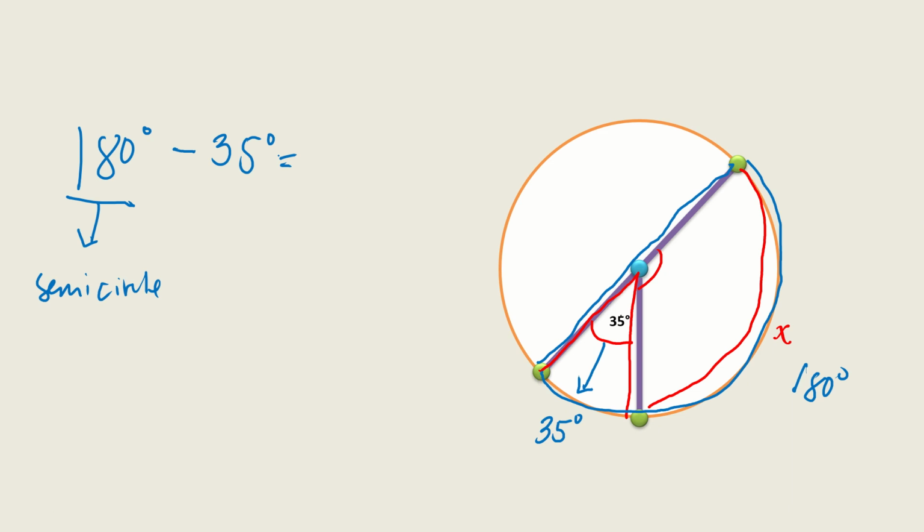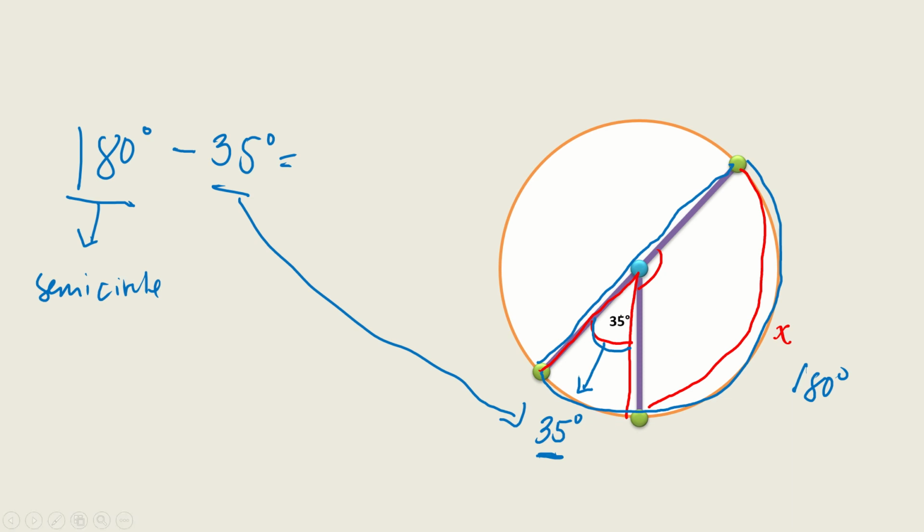Then, kaya minus si 35, ito po yun, yung measure ng arc na yun, saan nanggaling to 35? Ito po, equal sila. Diba? Kasi theorem number 1. So, kapag minus ko sa 180 yung maliit na to, so ano yung matitira?